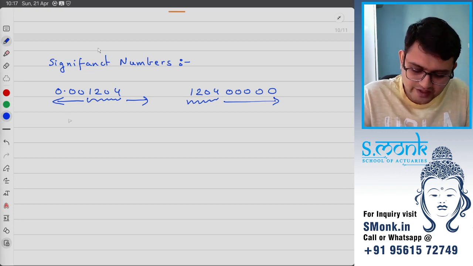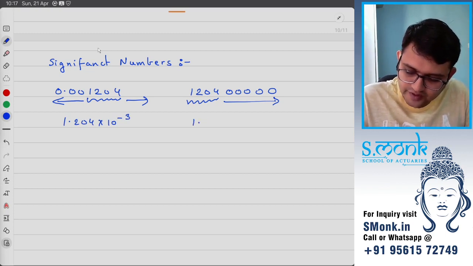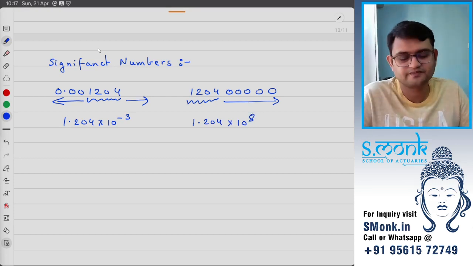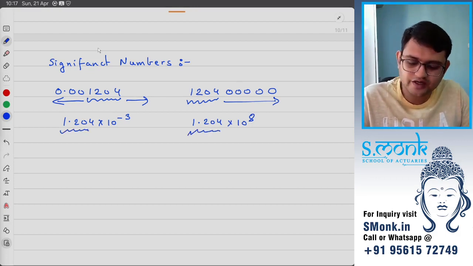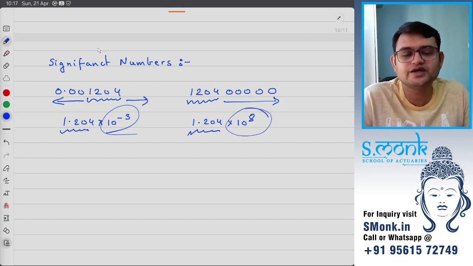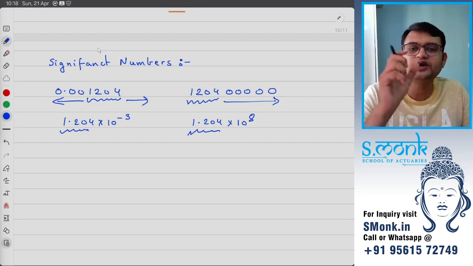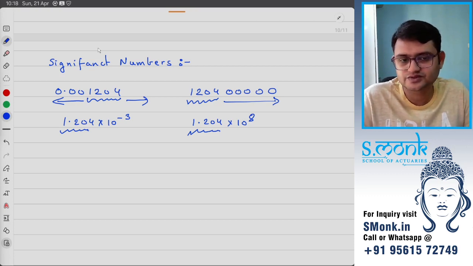So I will write this as 1.204 into 10 raised to minus 3, and this as 1.204 into 10 raised to 5 and 8. So this 1204 are called significant numbers. This 10 raised to part is not part of the significant numbers. So the digits that give value to any number are called significant numbers.